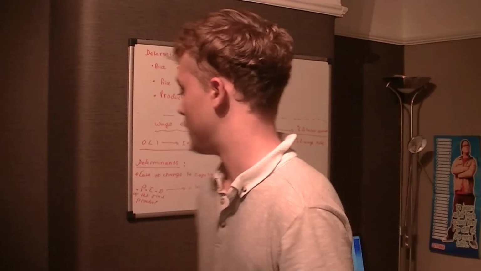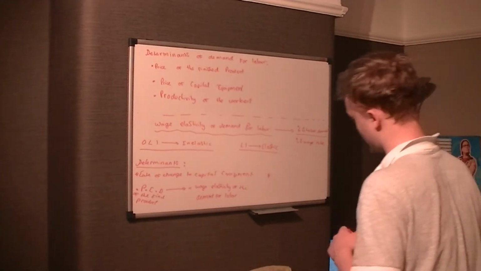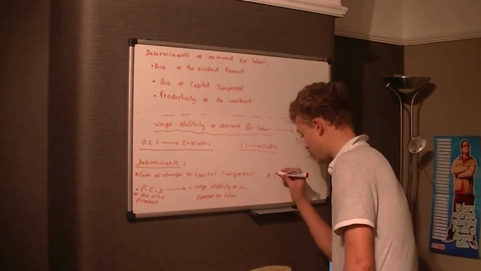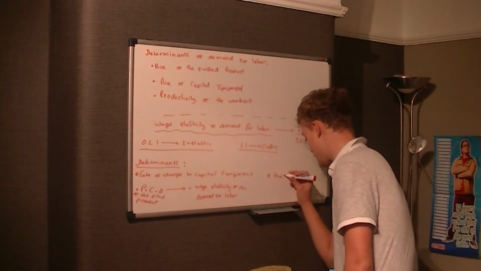Well, labour intensive means you've got more workers. So if you've got more workers, it's going to represent a larger proportion of your costs. It's going to be labour costs, such as salaries or wages.